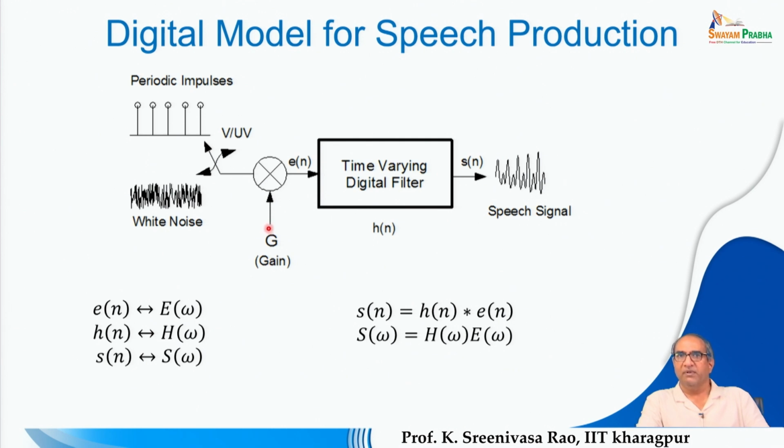Then this excitation is given as input to the vocal tract system, and based on the shape of the vocal tract system or the movement of various organs, different frequencies will be resonated, or you can say the energy will be distributed at different frequency ranges.